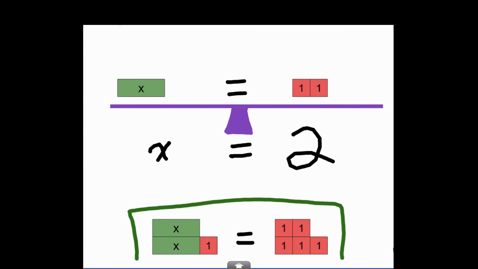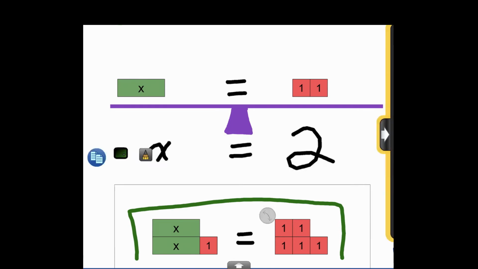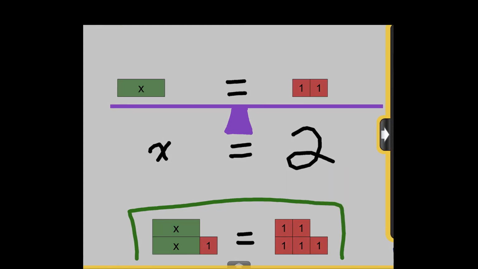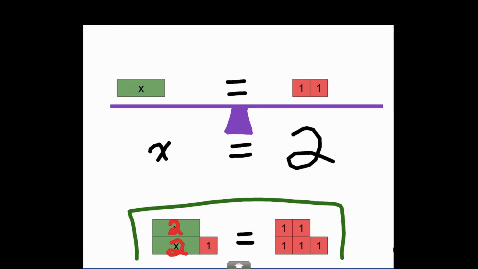Now if we were to substitute 2 into the x, does it balance? As you can see, 2 times 2 is 4, plus 1 equals 5, and that would balance because on the other expression, it is 5. And that's how you balance equations.